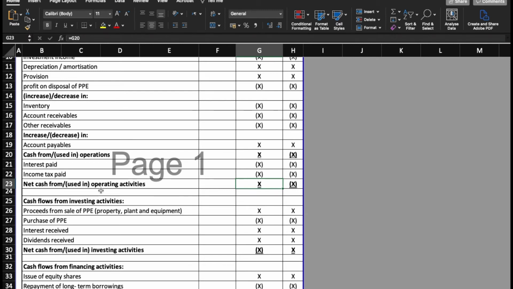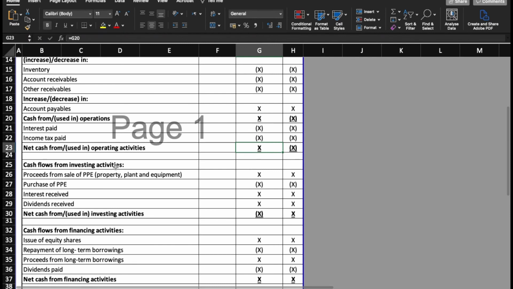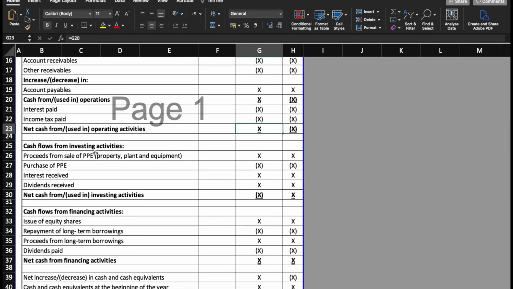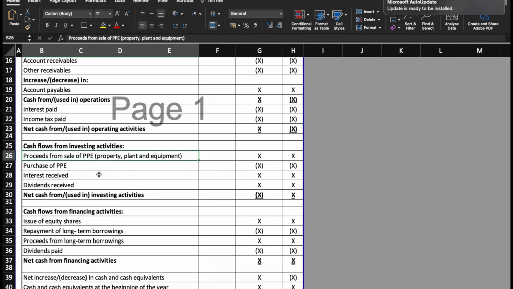If it is negative, it would be net cash used, and if it is positive, as is shown here, it would be net cash from or net cash generated from. So the second section is cash flows from investing activities. Cash flow from investing activities starts with proceeds from sales of property, plant, and equipment.